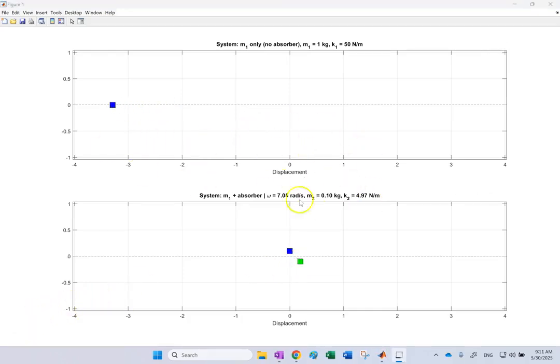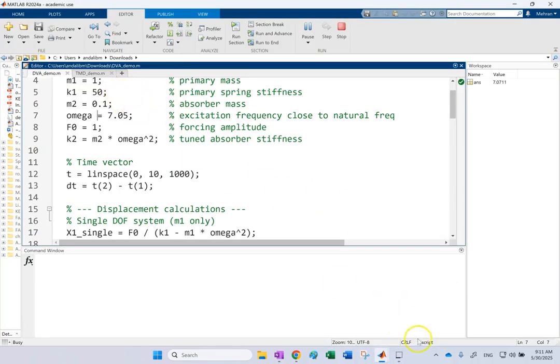There we go. So you can easily see how this system is working, right? Very easily, the application of a dynamic vibration absorber can be seen in this video, in this animation. And by the way, I'm going to share this with you so you can take a look at that as well.